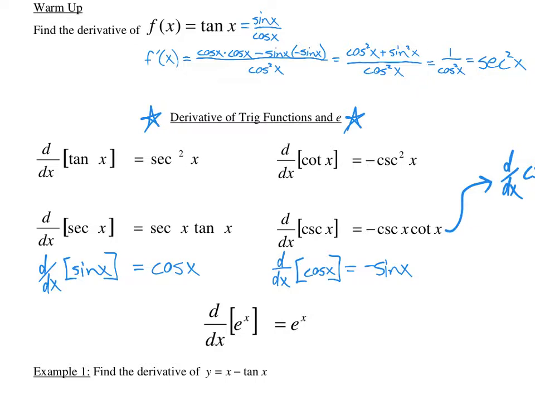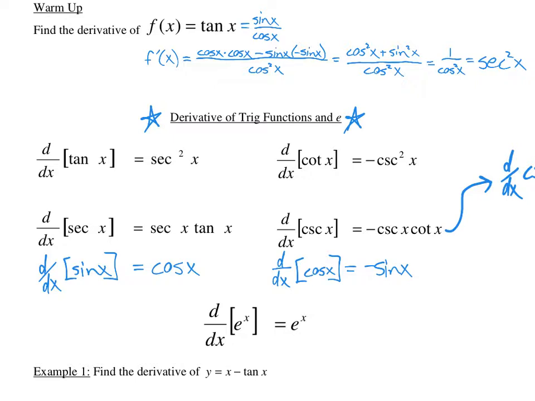If you're taking the derivative of something that starts with cotangent, cosecant, cosine, they all end up negative. One of the most common mistakes students make is to put the negative on the wrong ones. Good. Okay.